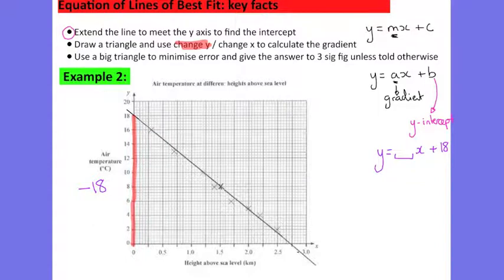We can then take a look at the change in x. The change in x goes from 0, using our triangle all the way across. We're trying to minimize the error, and we can see here that we're going to 2.75, positive, from 0 up to 2.75. 2.75 here is going to be the change in x. So we must divide these two values to find the gradient.